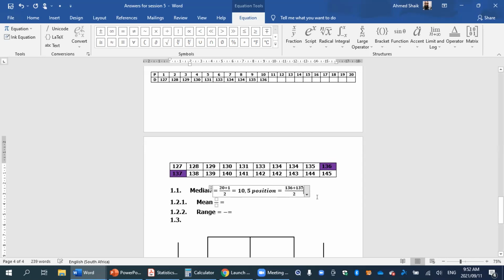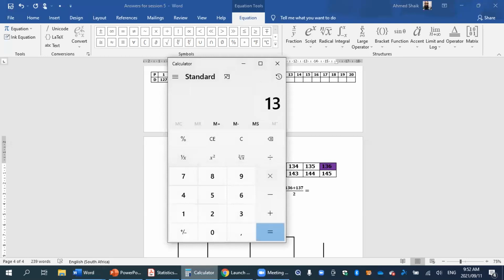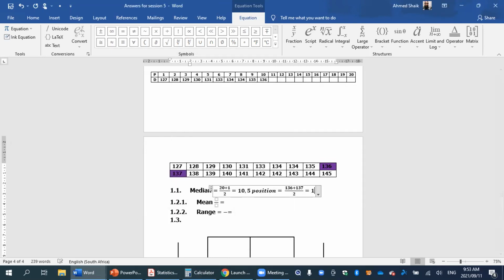And we established it's 136 plus 137 divided by 2. Let's calculate that. 136 plus 137 divided by 2. And it tells us that we have a median of 136.5.